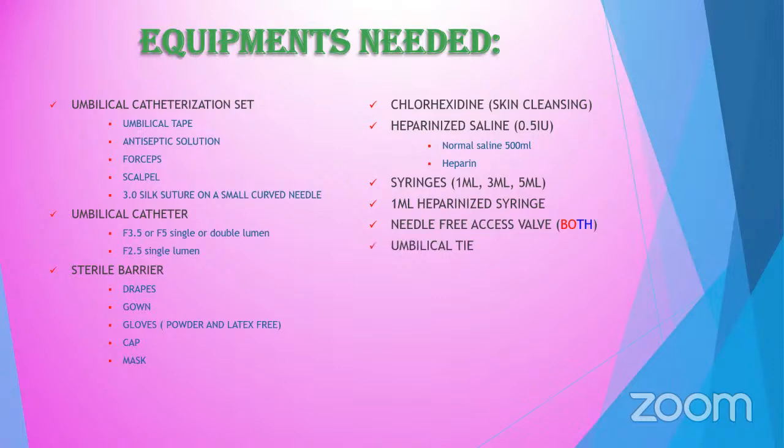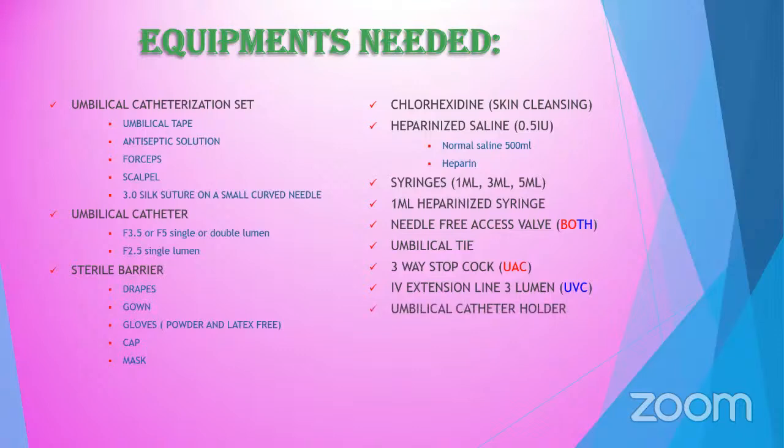Then this needle-free access valve, we use it for both UAC and UVC, the small one, as you already know. Then umbilical tie, and the three-way stopcock. We are using the three-way stopcock on the UAC, and the IV extension line with 3 lumens for the UVC.